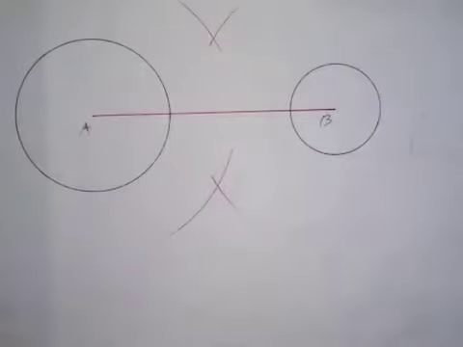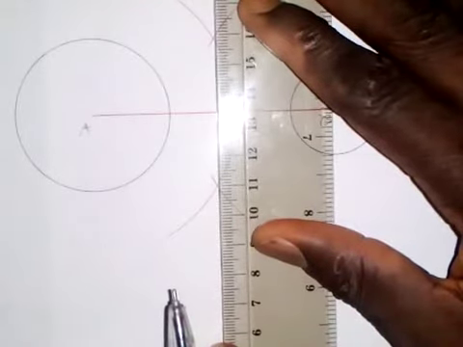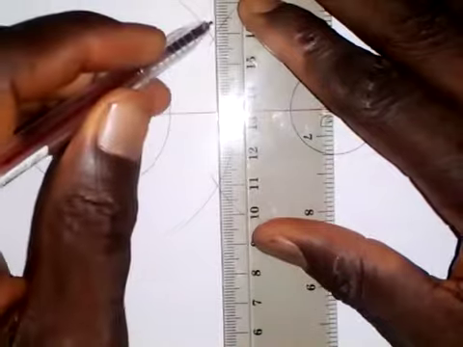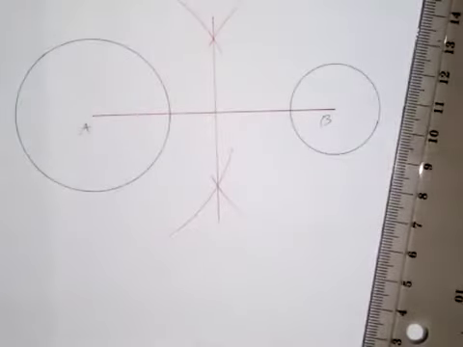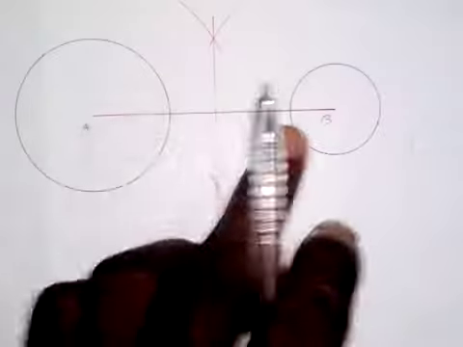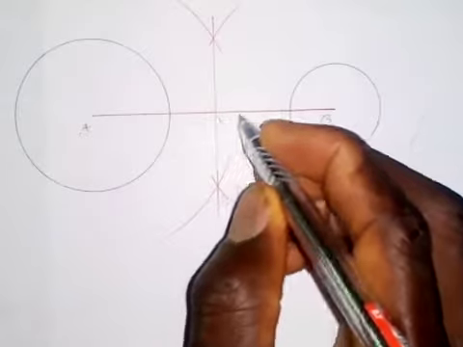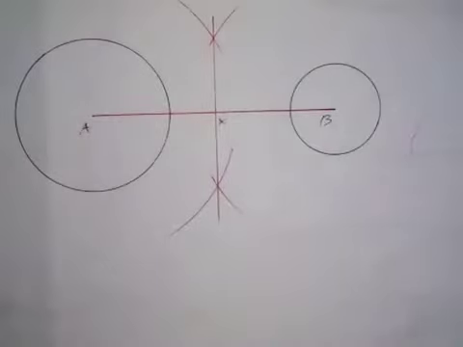Then I join the points of intersection of the arcs together to get the midpoint of line AB. The point of intersection of line AB and this bisector, I will call point X.